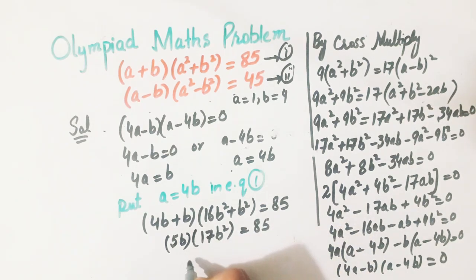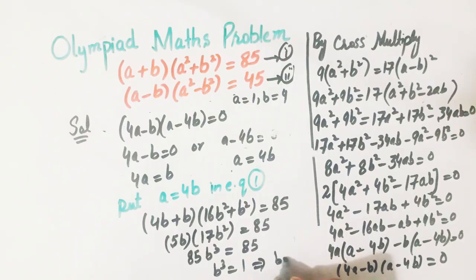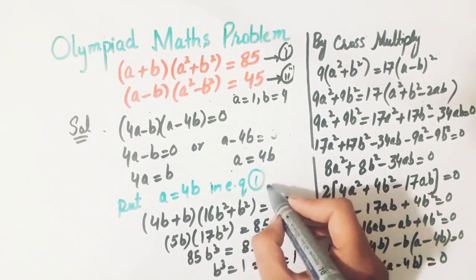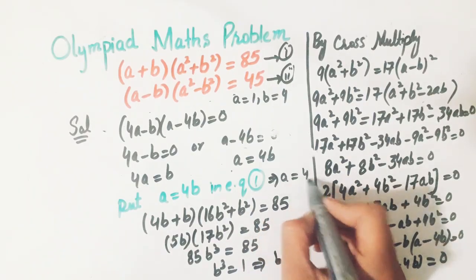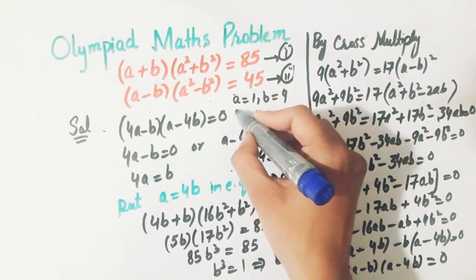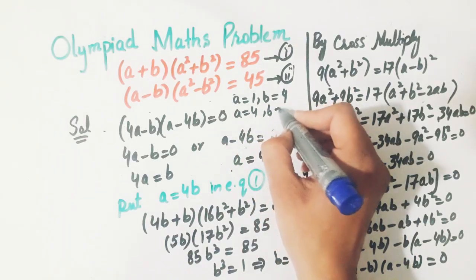Now 17 fives are 85, so b cube equals 1, which implies that b equals 1. So when b is 1, we get a equals 4. So it means when a is 4, b is 1.